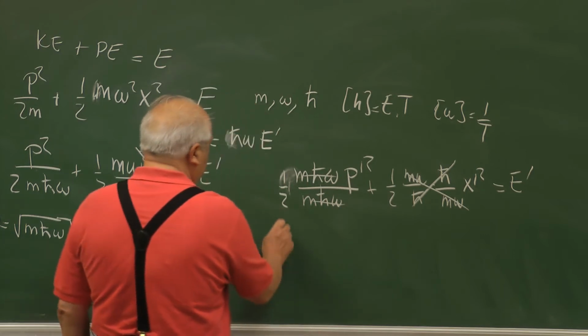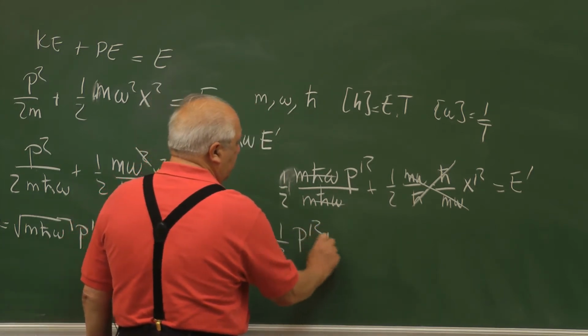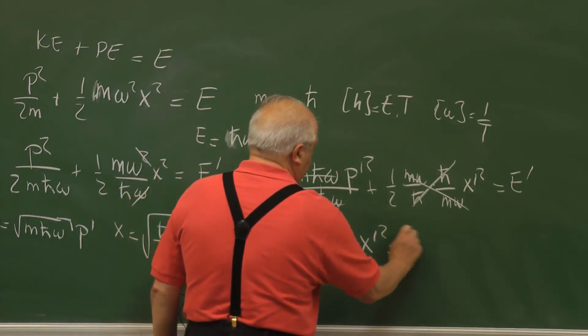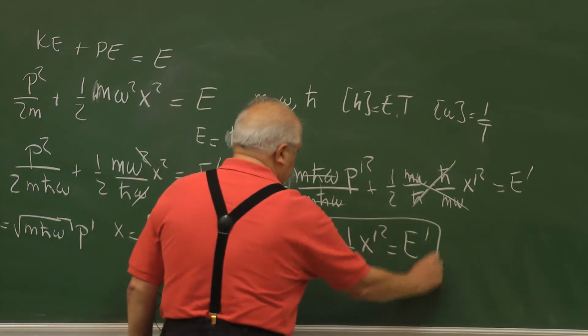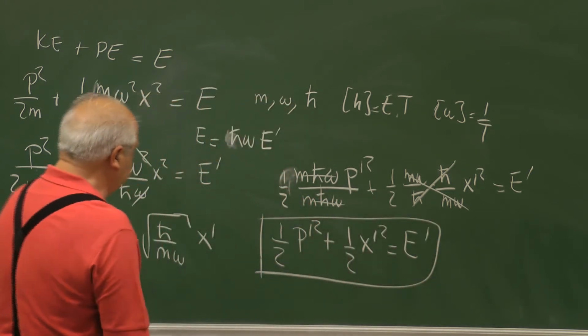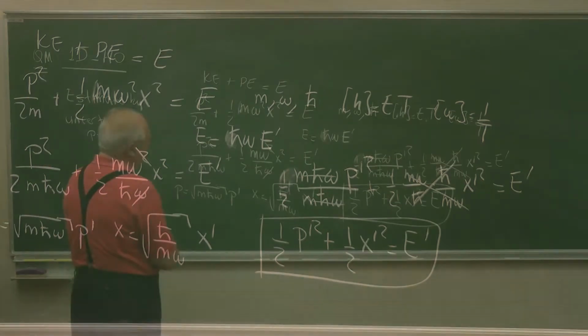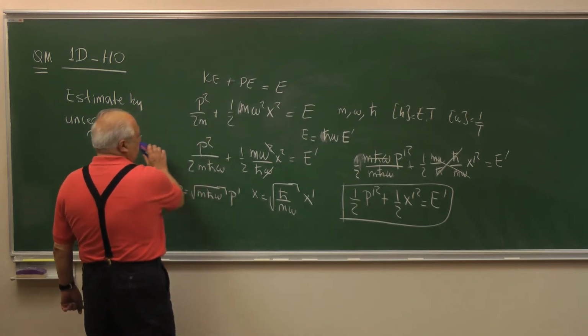So the equation reads p prime squared over 2 plus x prime squared over 2 equals E prime. This is now dimensionless. We like to deal with dimensionless quantities. We got rid of parameters.